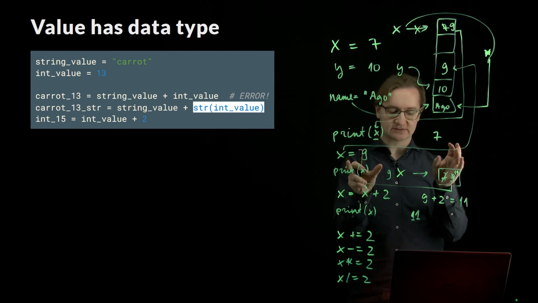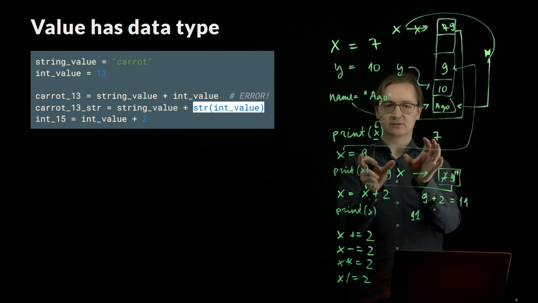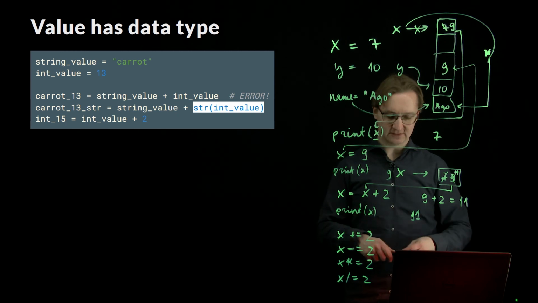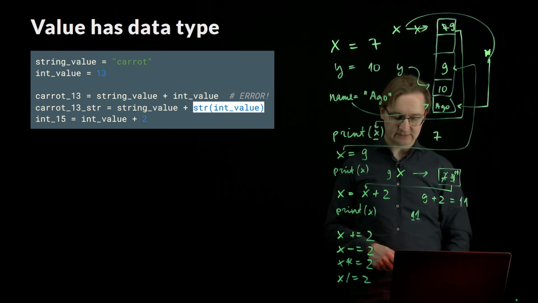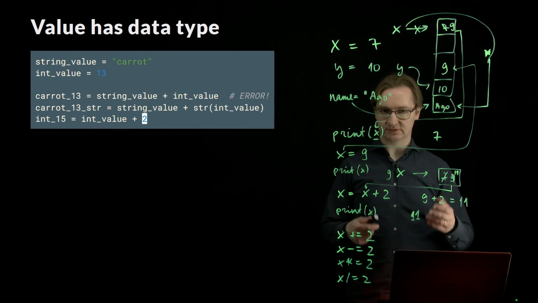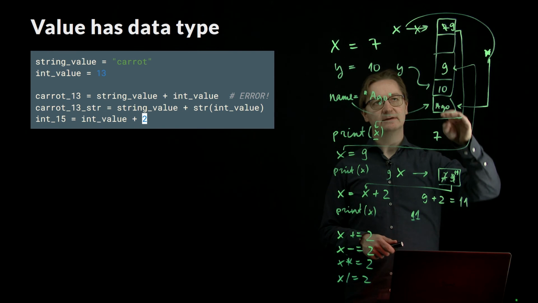So basically I take the first one and the second one and concatenate those two strings. And if I want to add something to this int value, I can add two integers, so there is no problem here.